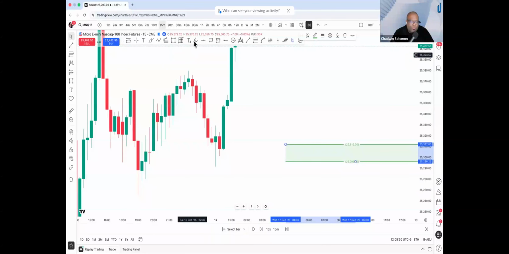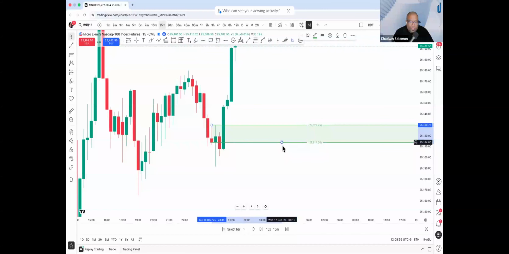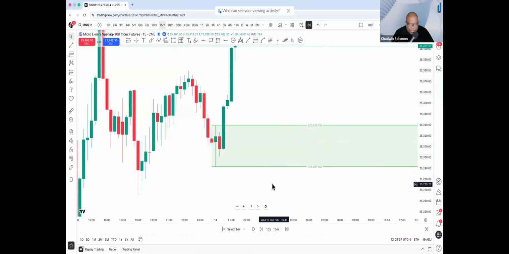What do I mean by that? If you look at this candle, you see that it's got wick there and wick there. There's very little body on that candle. Can you guys see that? In those cases, you go with the wick to wick method, like that.